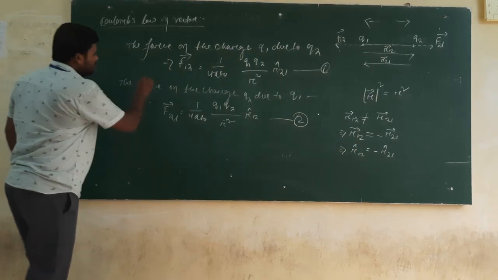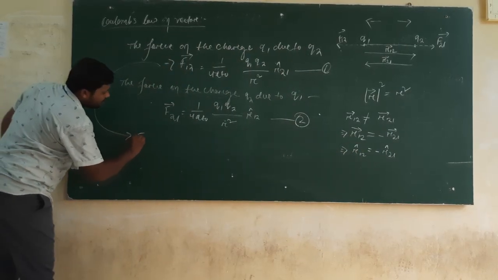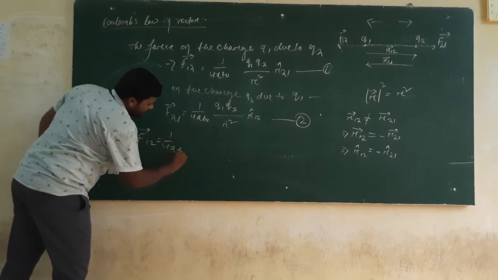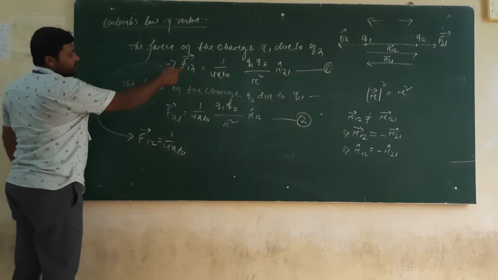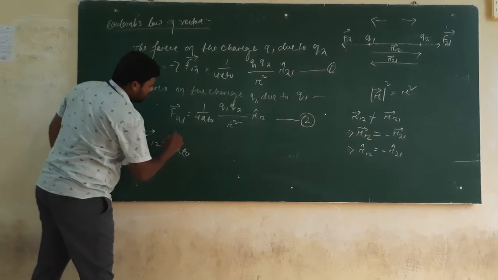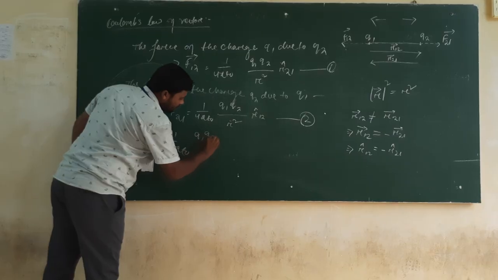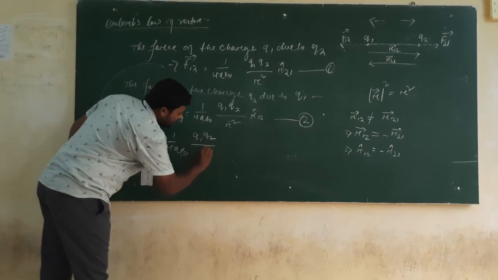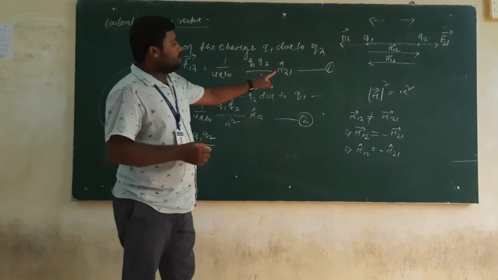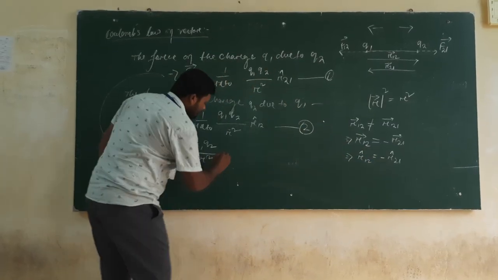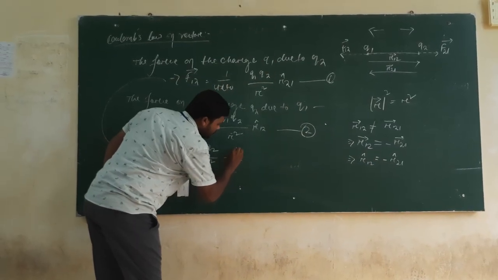So let's write F12 is equal to 1 by 4 pi epsilon naught Q1 Q2 by R square, taking in place of R12 cap minus R12 cap.